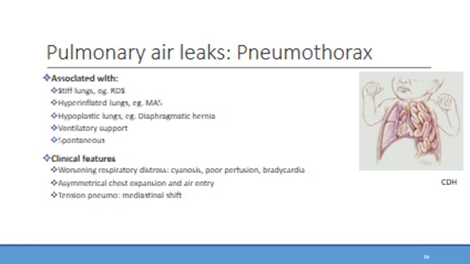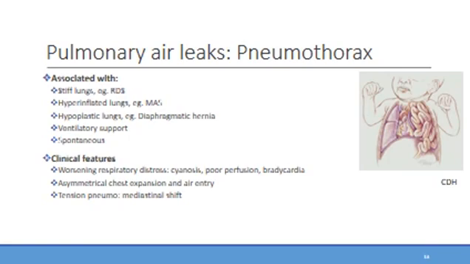Any ventilatory support is a risk factor, especially during the resuscitation phase, where excessive volume or pressure can easily cause an air leak. And then some babies have it spontaneously after birth. Up to 1% of vaginal deliveries and 1.5% of cesarean section babies might have a pneumothorax.